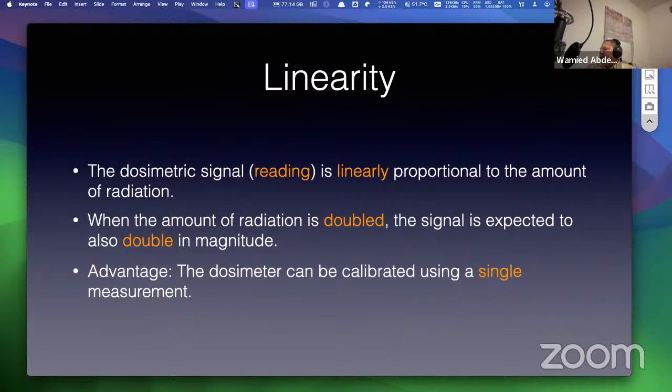Now, if we double the dose, we want this chamber to read 2 nanocoulombs. So it has to be a linear proportion. This is something we desire. In other words, if the amount of radiation is doubled, we want the signal from our dosimeter to also double. So that makes a linear dosimeter.